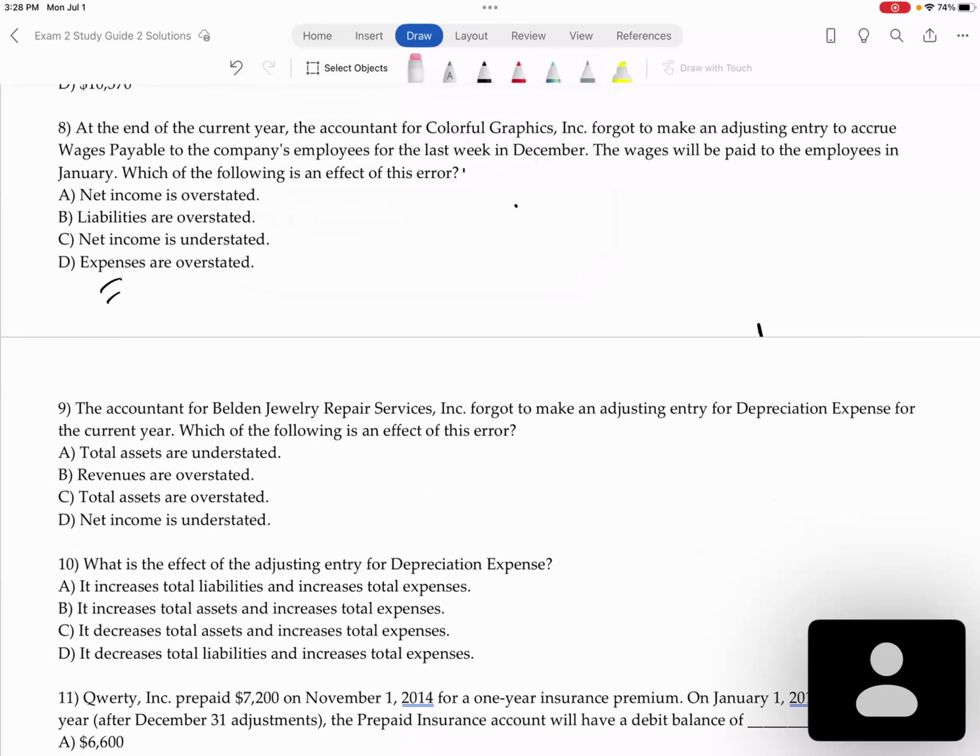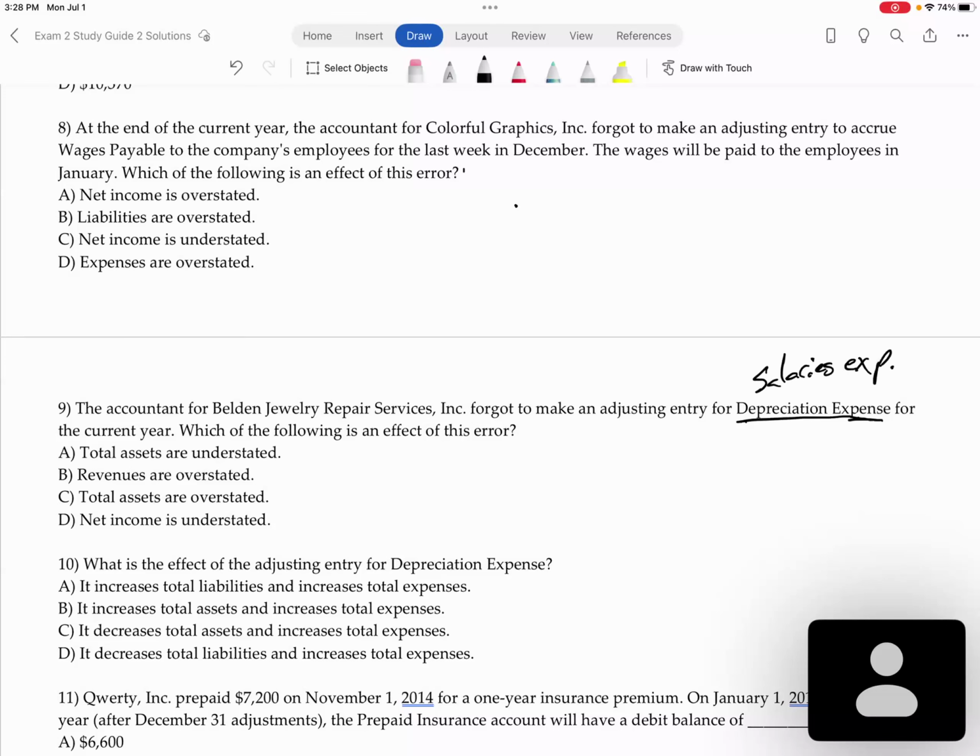So any of them, if it says they failed to make an adjusting entry for any kind of expense, like, let's say we failed to make an adjusting entry for salaries expense. Okay, so instead of depreciation expense, let's go salaries expense.